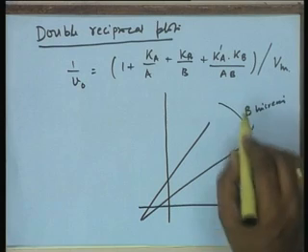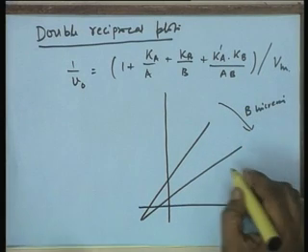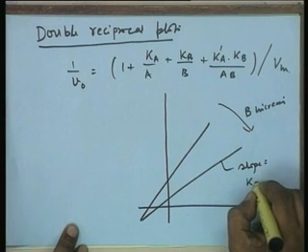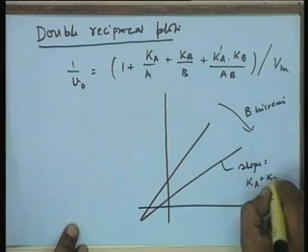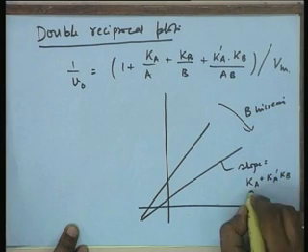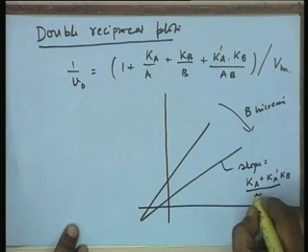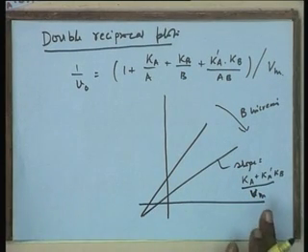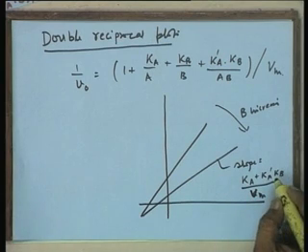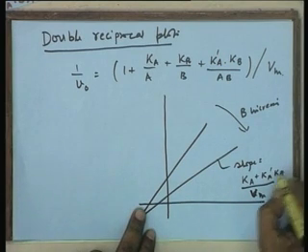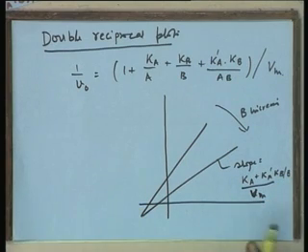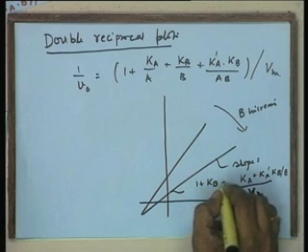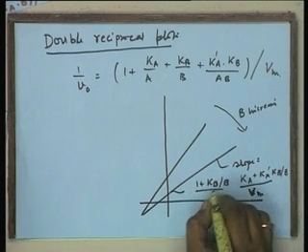If B increases, you will get a slope of Ka plus Ka dash Kb upon B, upon Vm, and the intercept on this axis will be 1 plus Kb upon B, upon Vm.